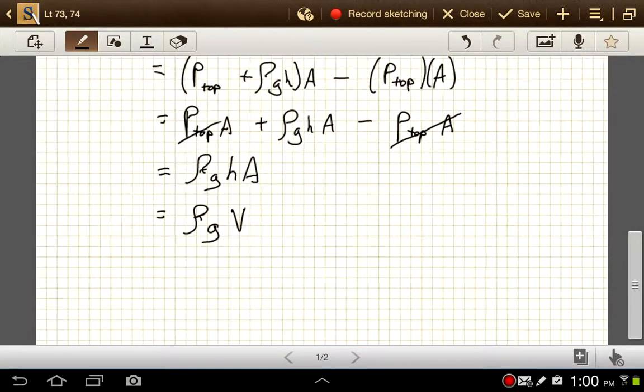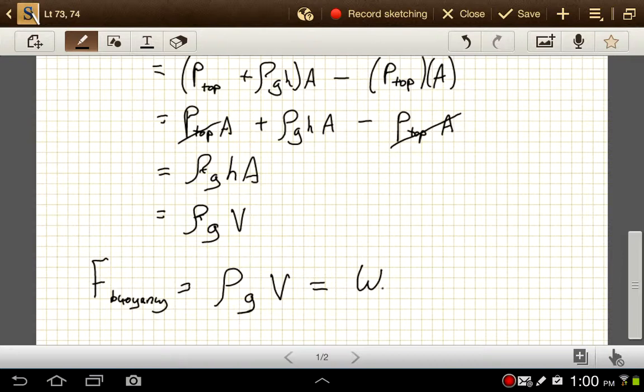And so this net force that exists on this block, we call that the force of buoyancy. And it has a value equal to the density of the fluid times gravity times the volume of that object. Or we can think of that as being exactly equal to the weight of the water that is displaced by that object.